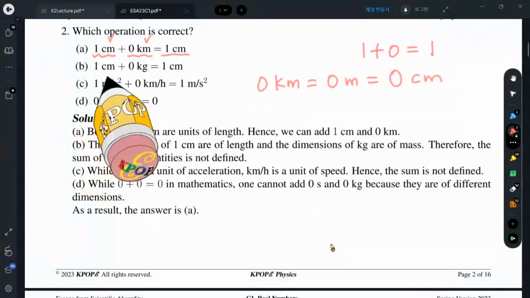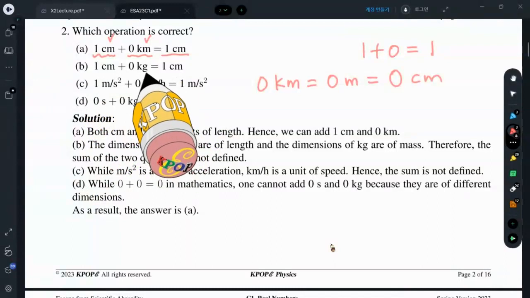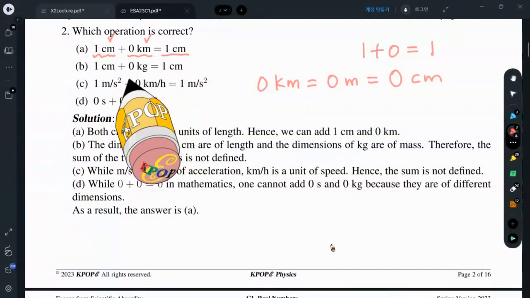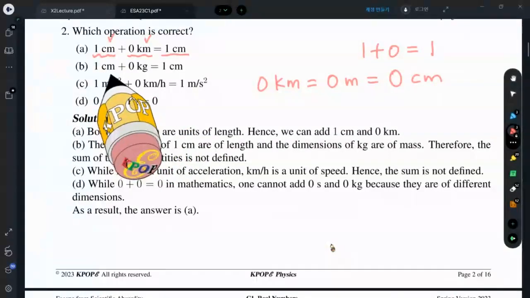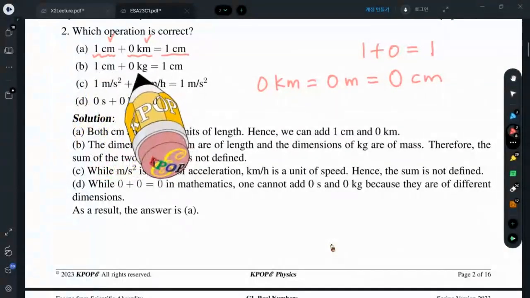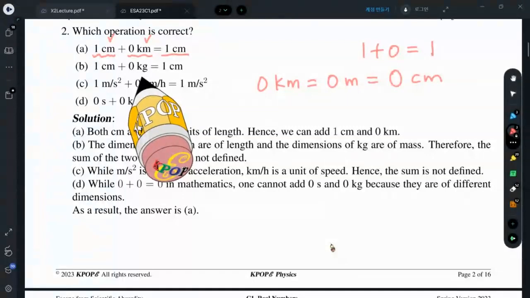B, we have 1 centimeter. We want to add 1 centimeter and 0 kilogram. Haha. It's a problem. We have a physical dimension of length in the first term. However, the second term has the physical dimension of mass, and you cannot add mass and length.